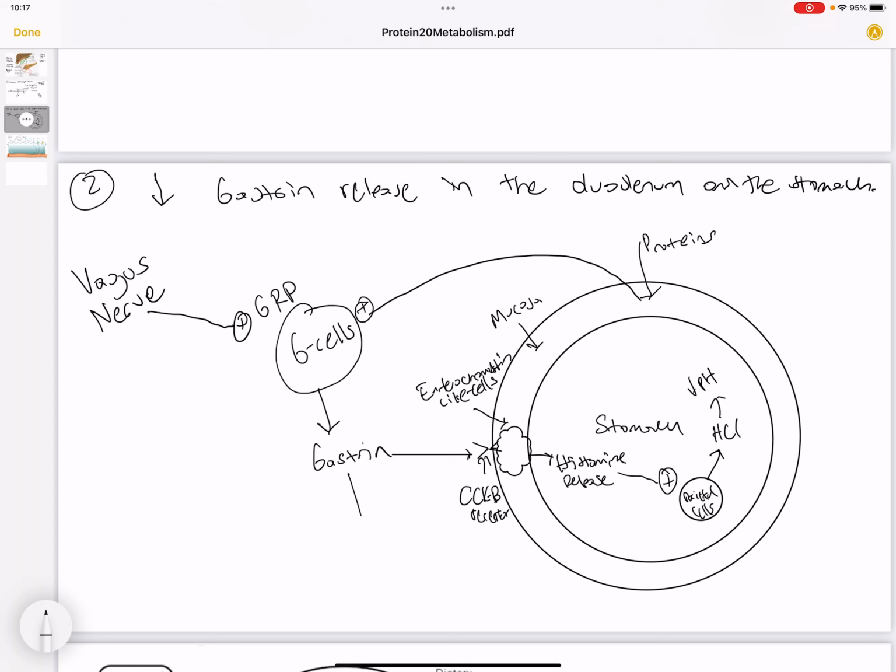Gastrin can also directly stimulate the parietal cells for this. It does not need to just act on enterochromaffin-like cells to produce histamine, which is in turn going to stimulate parietal cells. It can also directly stimulate parietal cells by itself.